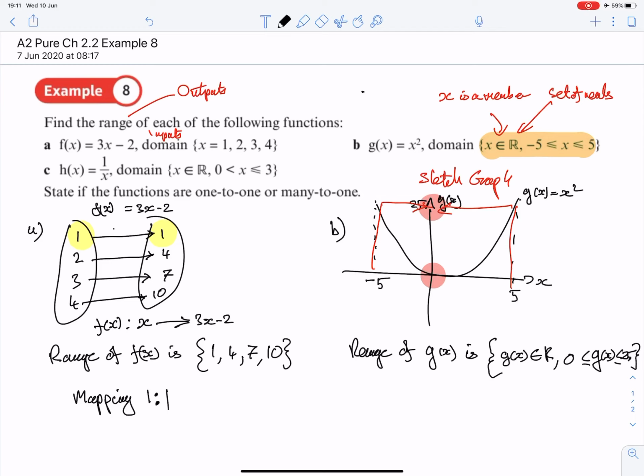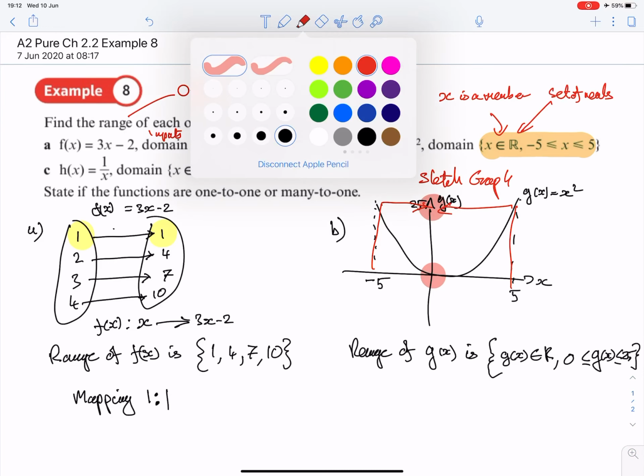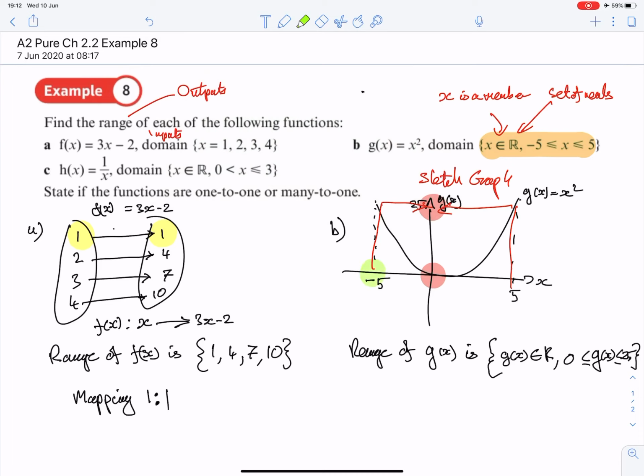Curly brackets at the end, just squeezed in there. Sorry about running out of space. Okay. And finally, is it 1 to 1 or many to 1? Well, hopefully from what we've learned, we can see we've got two values going in to give one output. So that tells us the structure is many, because more than one input gives an output. So it's many to 1.